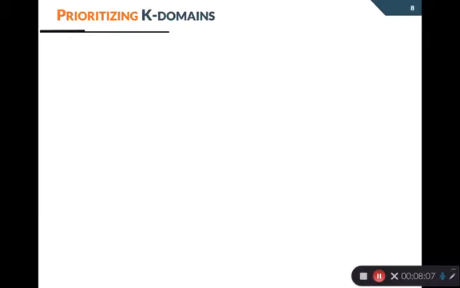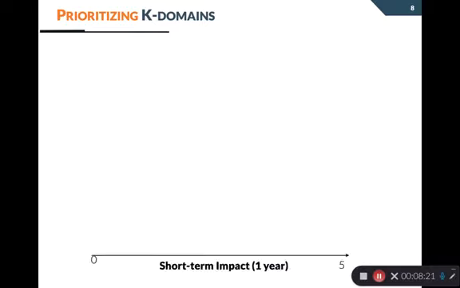The third step of KSP is prioritizing knowledge domains. Again, the idea is that we don't focus on all knowledge domains, rather we focus on the most important ones.